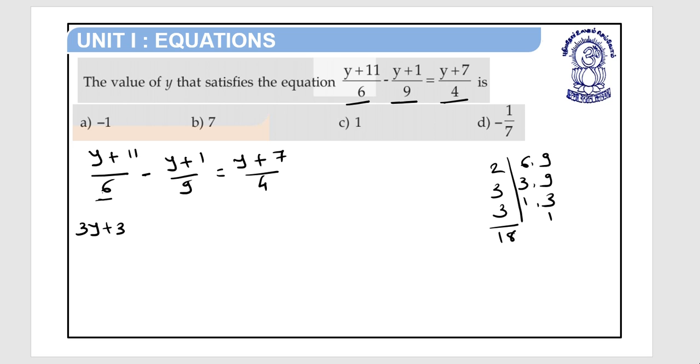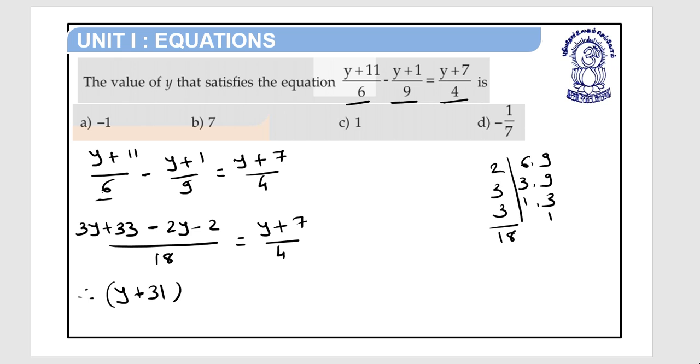Multiply with 3: 3y plus 33 minus, multiply with 2: 2y minus 2 by 18 is equal to y plus 7 by 4. 3y minus 2y, y, 33 minus 2, 31, y plus 31. Cross multiplication, multiply with 4, 18 into y plus 7.